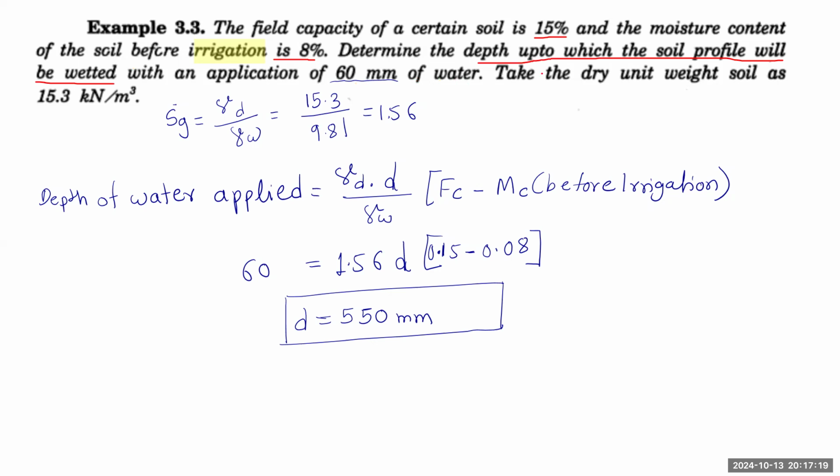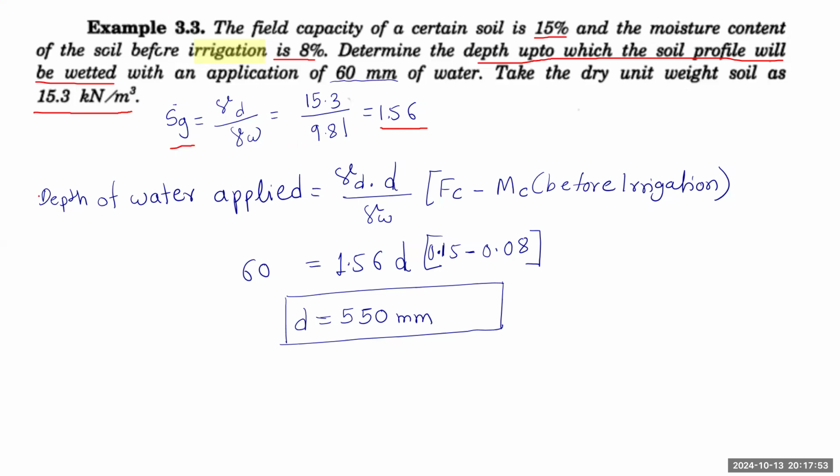Then see the next sentence. Take the dry unit weight of soil as 15.3 kilonewton per meter cube. From that we can calculate the apparent specific gravity SG with the formula gamma D upon gamma W. Gamma D is given as 15.3 and gamma W is 9.8 kilonewton per meter cube. By solving this, the apparent specific gravity is 1.56.